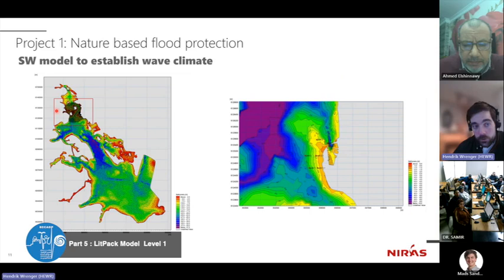to the north coast, especially the Mediterranean, the exercise of the SW modeling would be to transform the offshore wave conditions in very deep waters to coastal wave conditions.